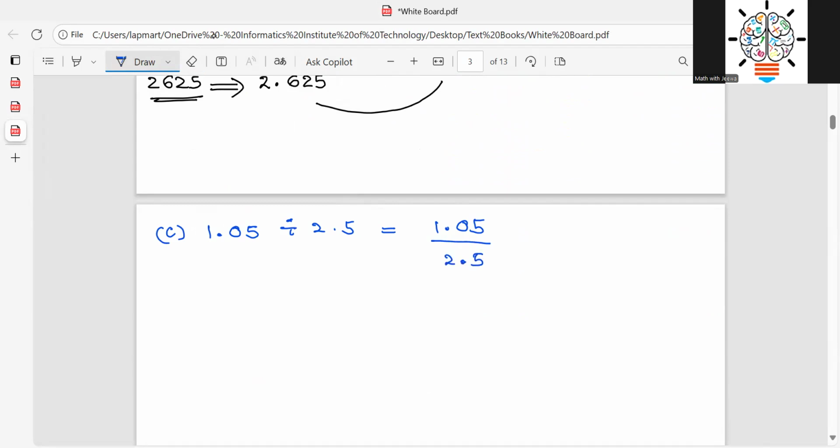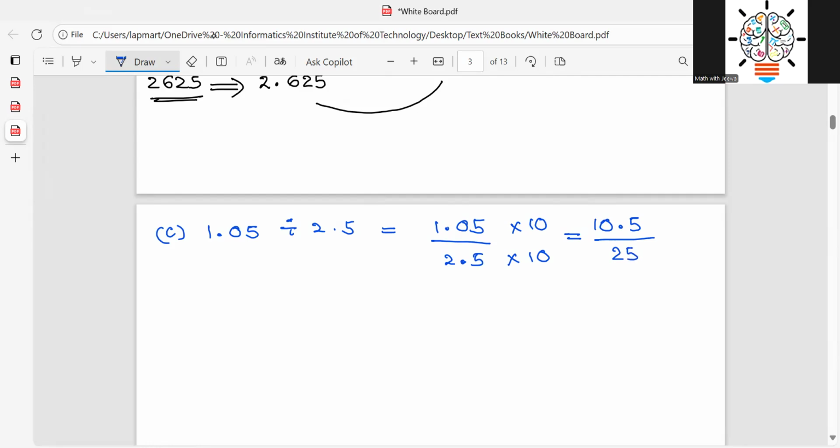Now in the denominator, I have the decimal, children. I have told you when you have the decimals in the denominator like this, I should eliminate it. Here I multiply by 10. Why 10? Because in the denominator I have a decimal number with one decimal place. Therefore, I just multiply it by 10. It gives me 10.5 divided by 25.